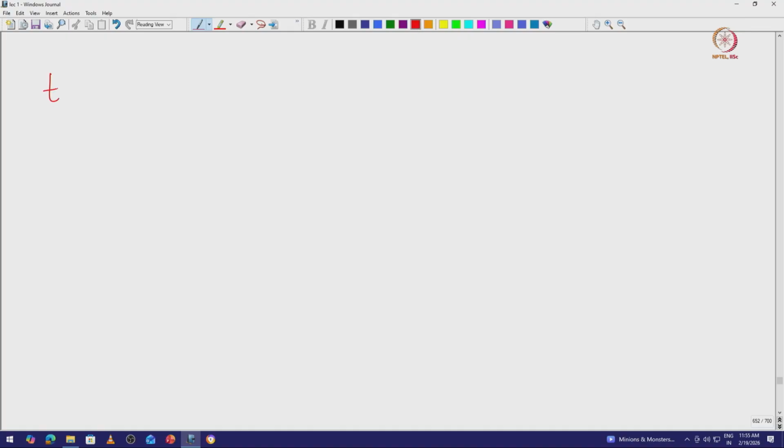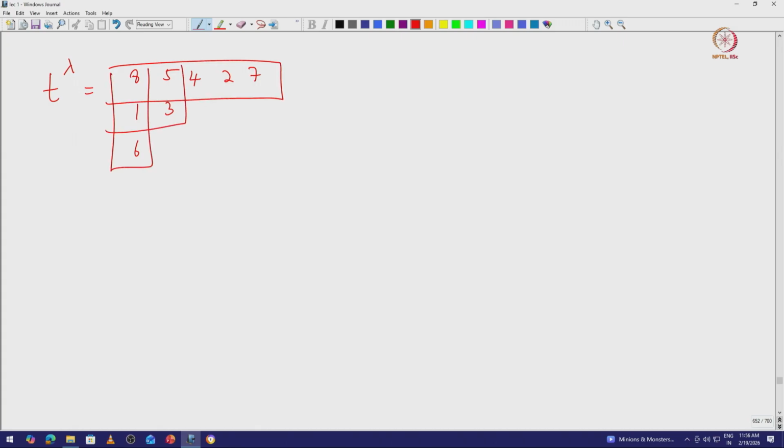You have this T lambda, which is given by 8, 5, 4, 2, 7, 1, 3, 6, and then you have this S mu, which is 1, 2, 3, 4, 5, 6, 7, 8.